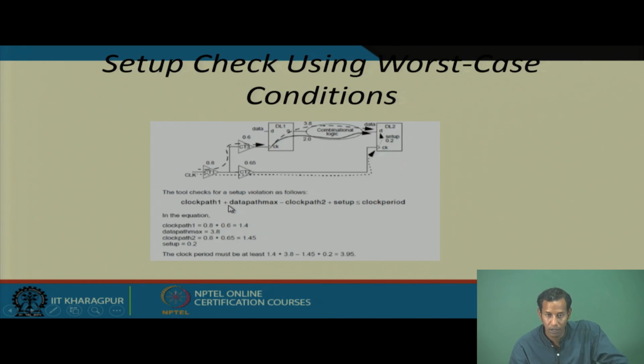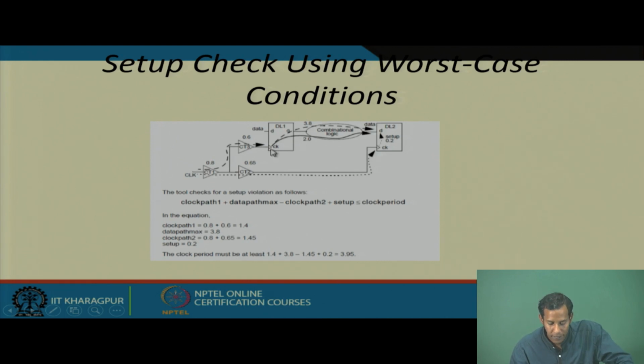So, clock path 1 plus data path max minus clock path 2 plus setup should be less than the clock period. In this circuit, clock path 1 is 0.8 plus 0.6, which is the summation of CT 1 plus CT 3.